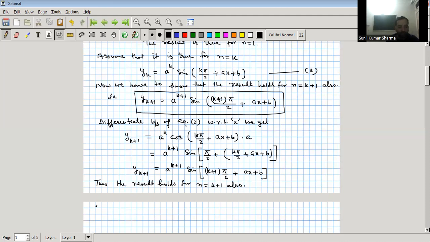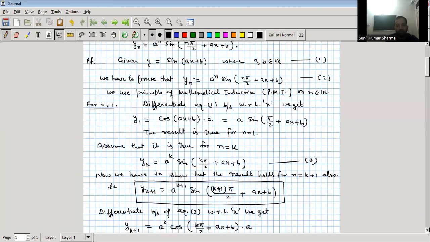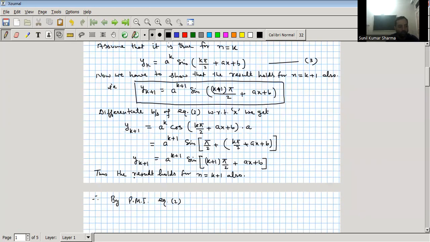It means, therefore, by the principle of mathematical induction, we can say that equation 2 holds for all n belonging to natural numbers.